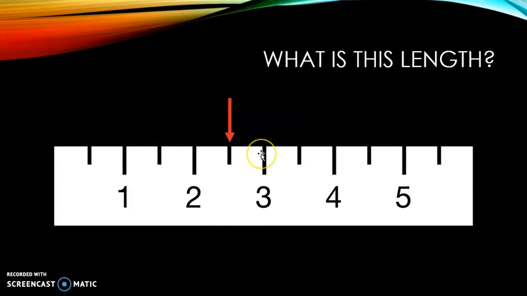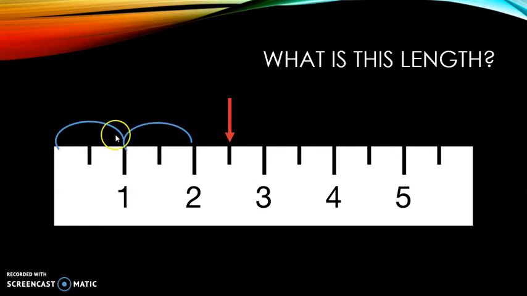So here is a ruler, and it is pointing to this sign right here. My red arrow tells me that I'm going to try to figure out what this length is. And so before I begin, I really need to think about what my wholes are and what my halves are. So to do that, I'm going to draw a line from 0 to 1. So far, I have gone one space here. Now I'm going to go again.